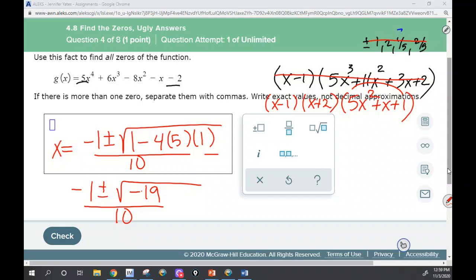Does that reduce? Lucky for us, right? Saves us a couple steps. How many zeros? There's 1, 2, because of plus or minus, and then I have 3, 4.